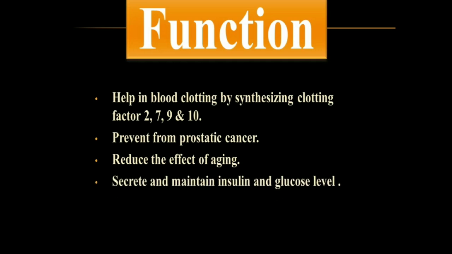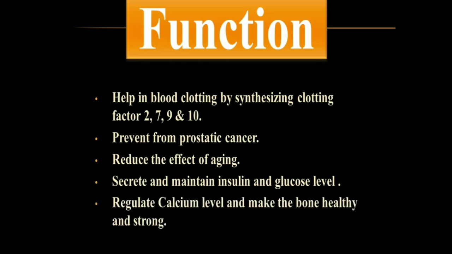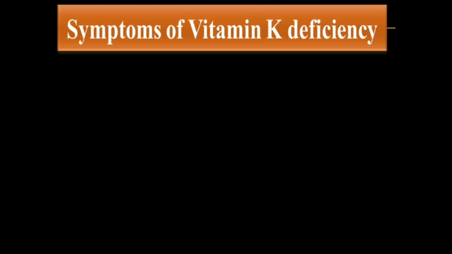It is important to secrete and maintain insulin and glucose levels in the blood. Moreover, it regulates calcium level to make the bones strong and healthy, keeps our heart healthy, and maintains proper cell growth. So these are the functions of the vitamin.